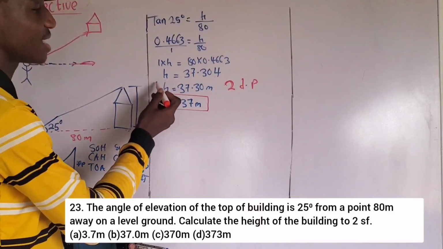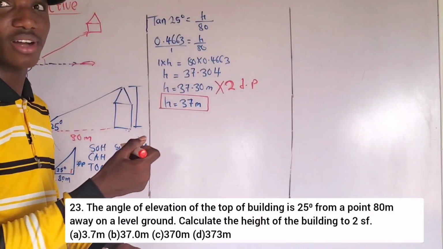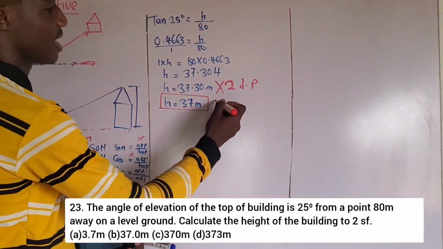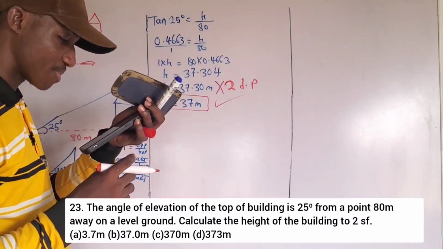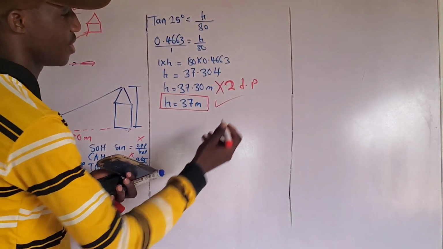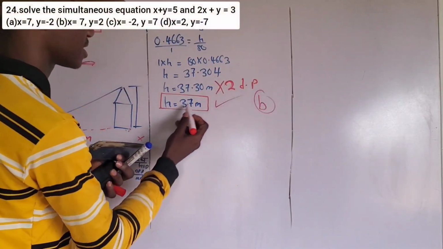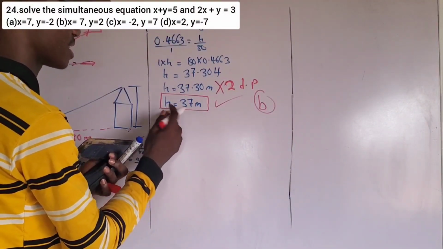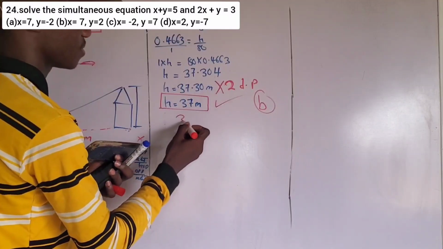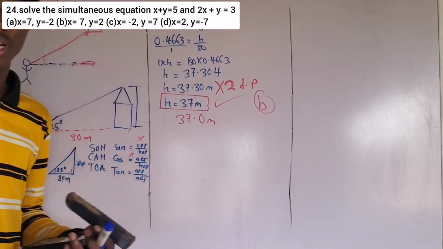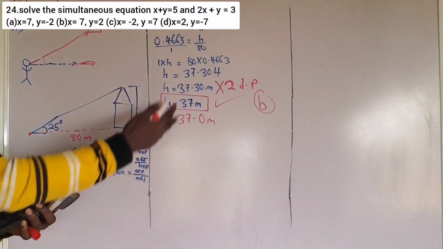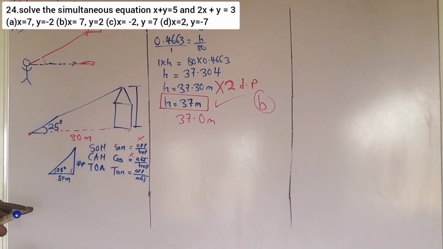If you write this as the answer, you're going to get it wrong. This is the right answer, and the correct option to that question is option B. Option B is correct, because 37 meters is also the same thing as 37.0 meters. The 0 is not significant. Do you understand? So that is the correct option to that question.